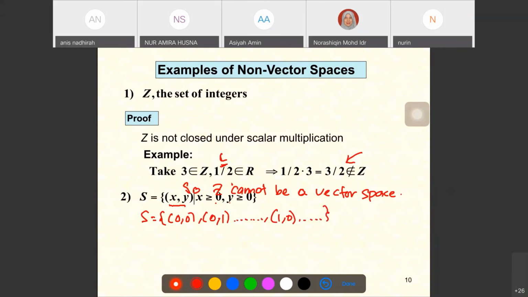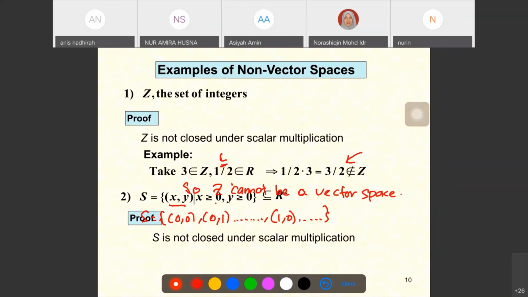Okay? I claim that this set S is not a vector space. Which axiom does it not hold? Again for this example, it doesn't hold the scalar multiplication. In other words, it is not closed under scalar multiplication.